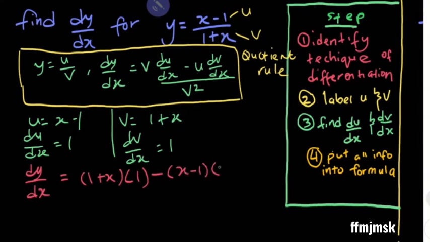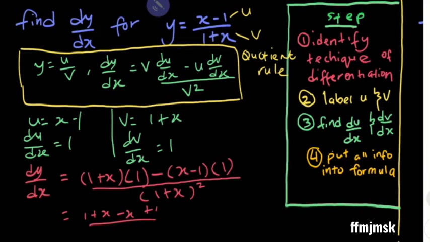So dv over dx is equal to 1 divided by v square. So v square is equal to 1 plus x power of 2. So we have 1 plus x minus x plus 1 divided by 1 plus x power of 2.